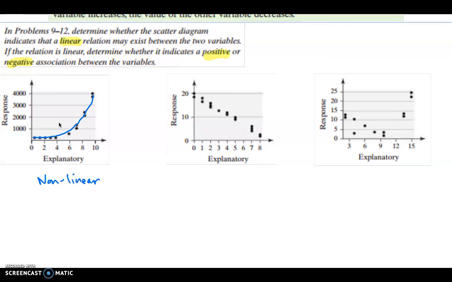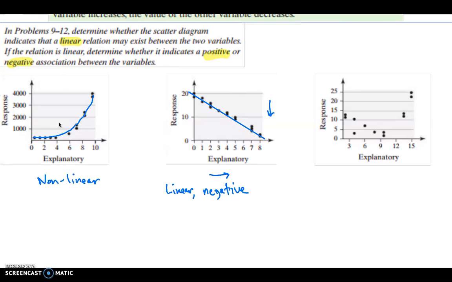The second one definitely has this downward trend. So again, as the explanatory variable increases, the response variable is decreasing. So that's going to be negative. So it'll be linear and negatively associated.